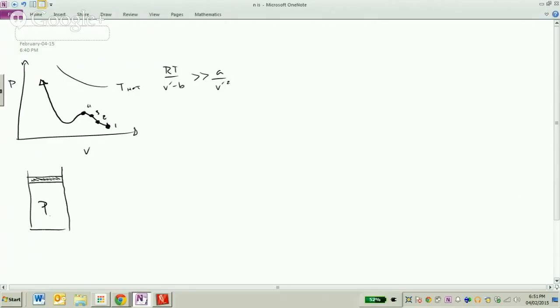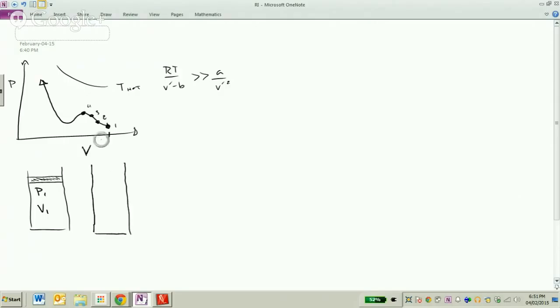So this might be pressure 1, volume 1, P1, V1, might be here. And then if I want to achieve a smaller volume, I can put 2 blocks on the top like this. So this would bring me to P2, V2.